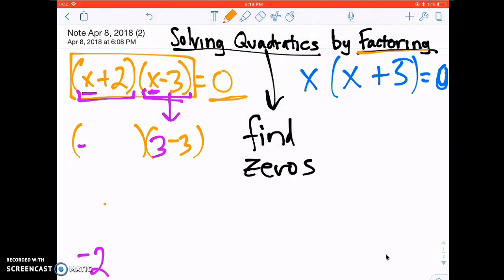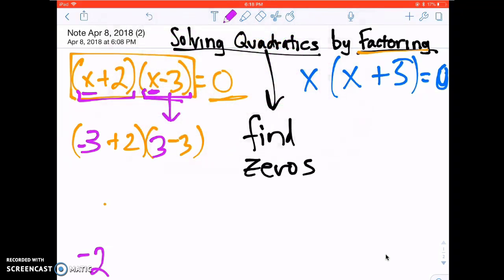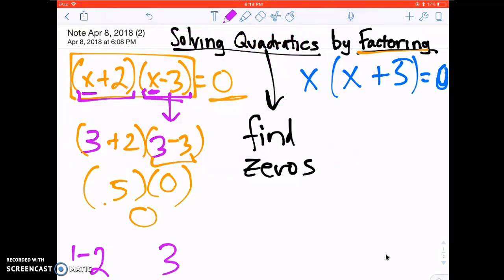So we'd be plugging in 3 to both of these, and we don't really care what we get over here on the left-hand side, because this is 0, and 0 times anything, whatever we get here, which is 5, is just 0. So our other zero is 3. Our zeros are negative 2 and positive 3.